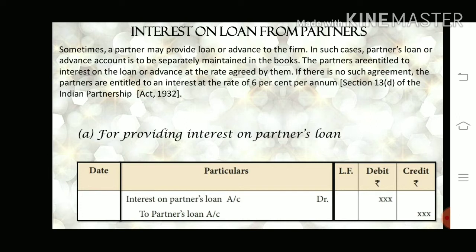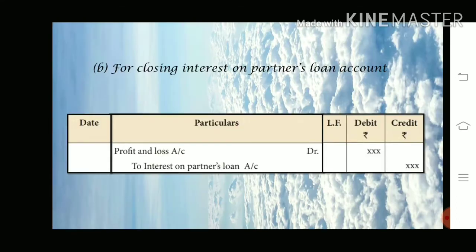The following are the journal entries for providing interest on partners' loan account: date, particulars, ledger folio, debit, credit. Interest on partners' loan account will be shown in a debit aspect, and partners' loan account will be shown in a credit aspect.